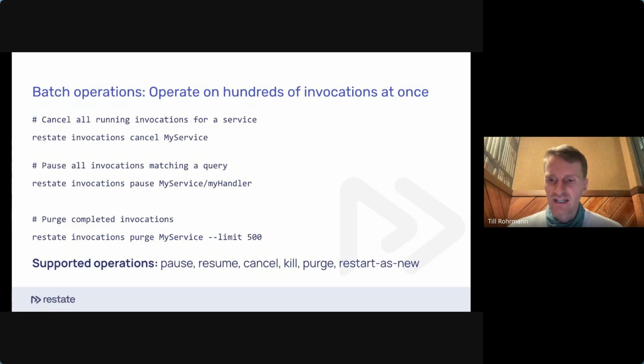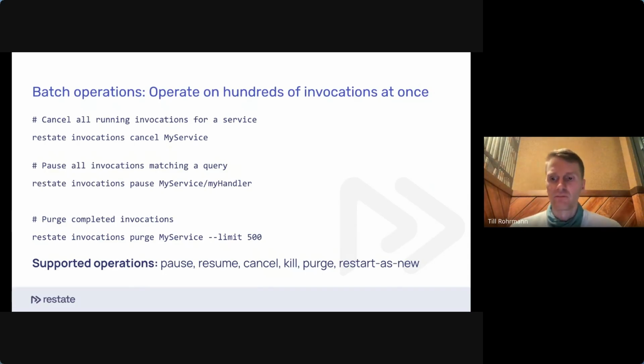Before with the CLI, you could already cancel all invocations for the service, but it was very inefficient, and prone to failure because it would fetch all the invocations and try to cancel all of them at once, which at a certain scale would fail on the CLI side.